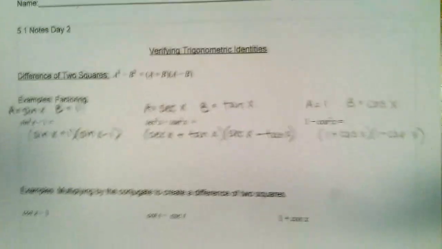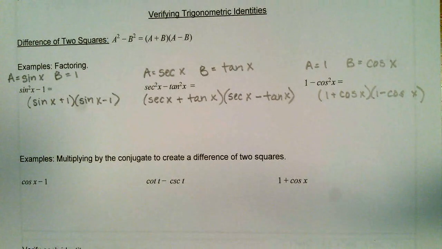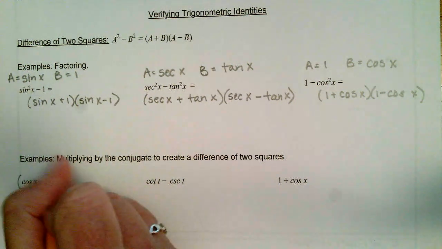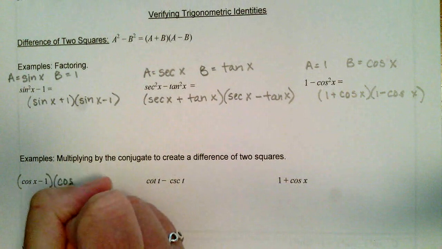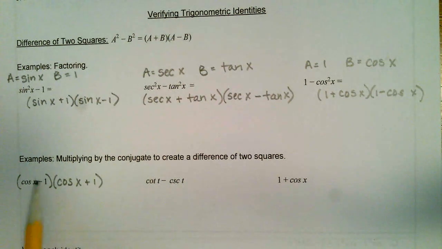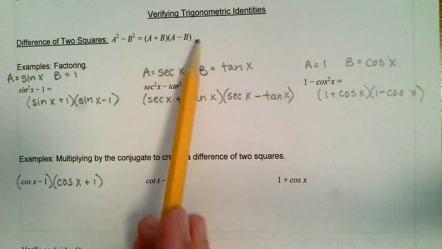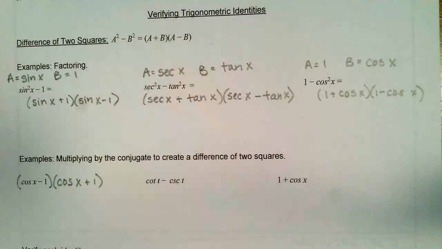So our trick today in verifying trig identities is we're going to be using the conjugate sometimes. So conjugate is sort of similar to when we were rationalizing denominators. Okay, if you have a minus, you are going to multiply by those same two factors with a plus. But hopefully you'll recognize that that is like this side of our difference of two squares formula.